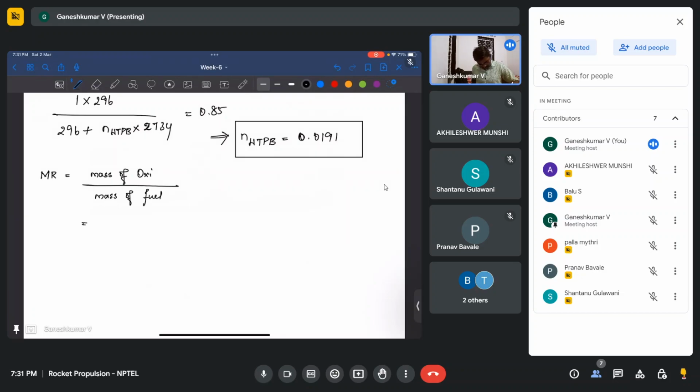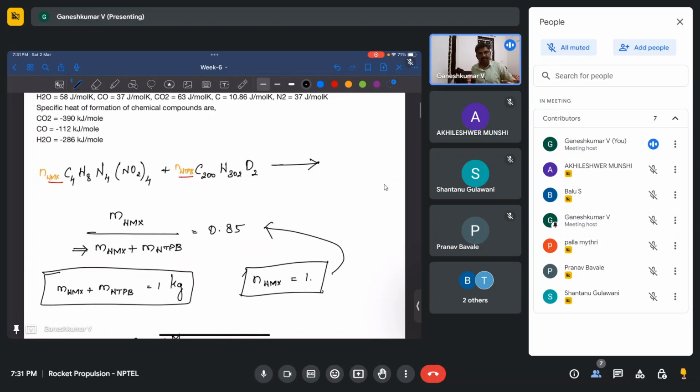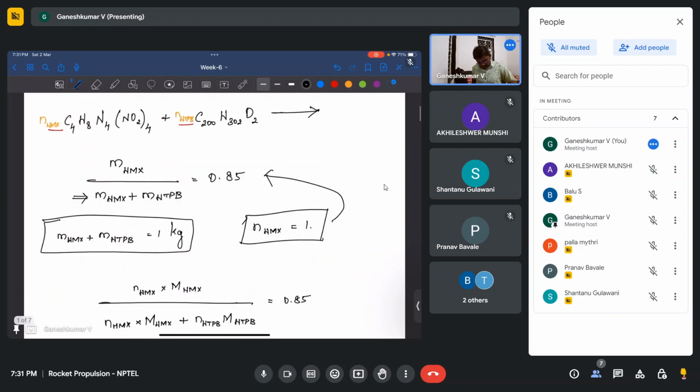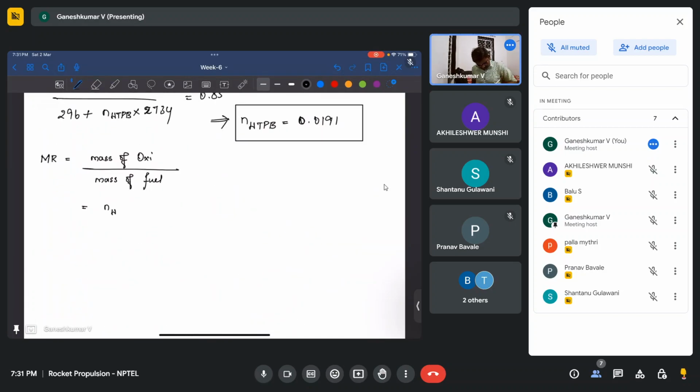Oxidizer here, we are now going to consider HTPB as our oxidizer. So N of HTPB times molecular weight of HTPB divided by N of HMX into molecular weight of HMX.